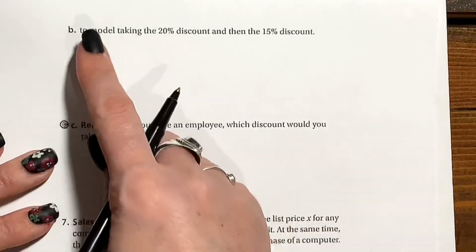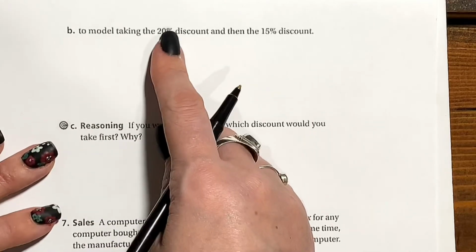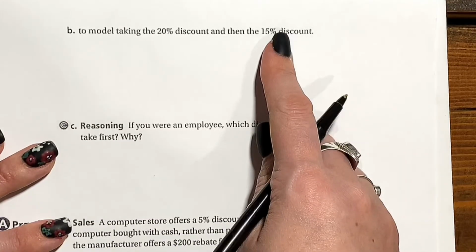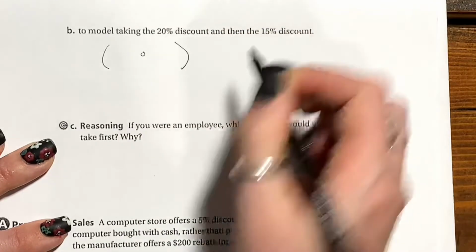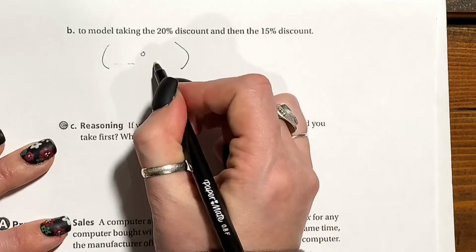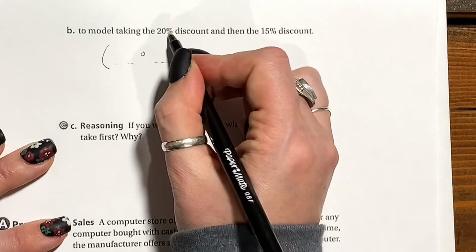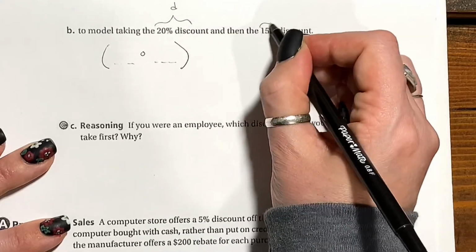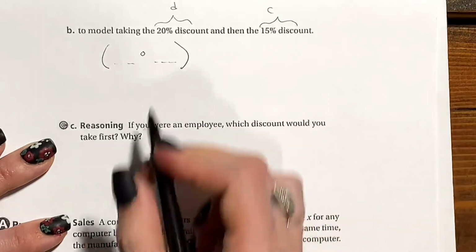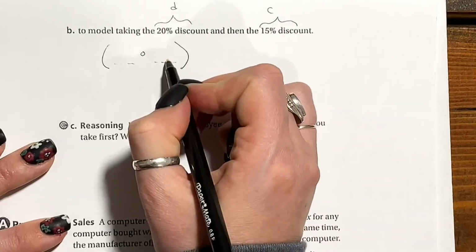And then let's do the reverse. Now it says model doing the 20% discount and then the 15%. So again, if we have our little composition set up, we have our two spots here. If I want the 20% discount, which again we're saying is the variable D, and 15% is the variable C, whichever one I want first really goes second.